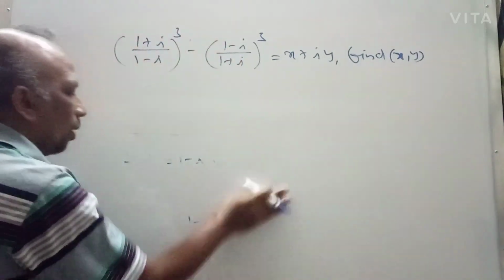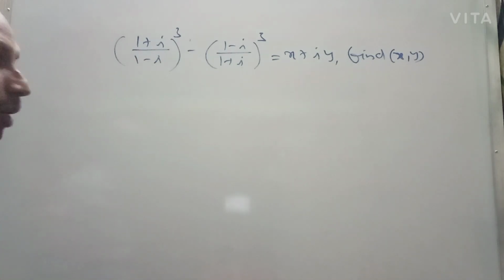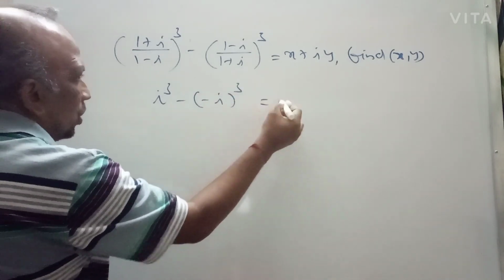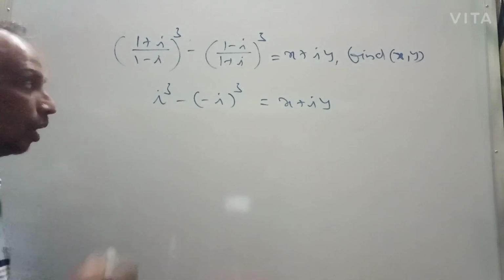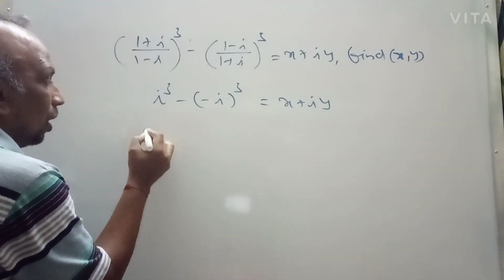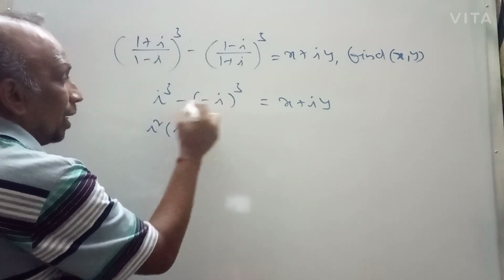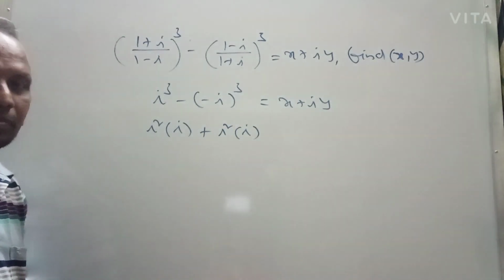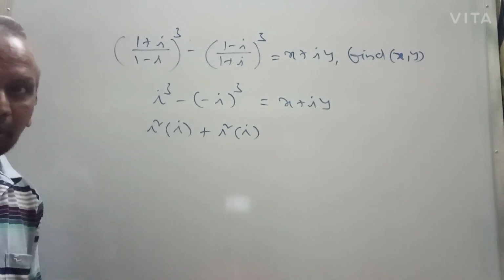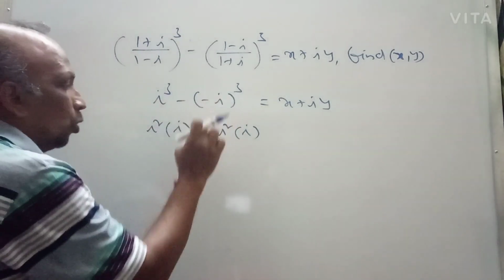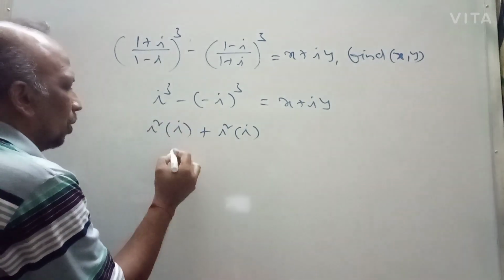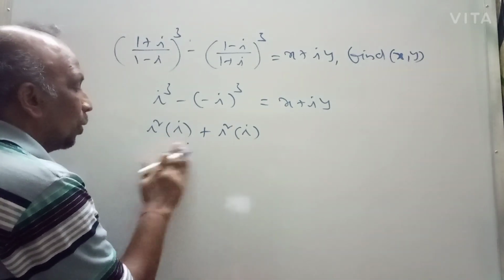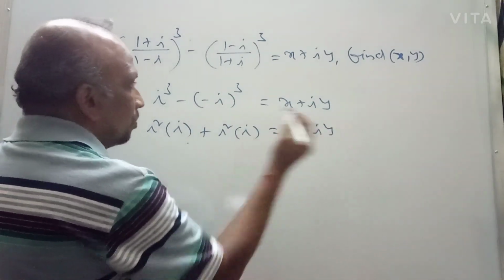If we substitute in the given problem, I can write i cube minus of minus i whole cube, which is equal to x plus iy. Now, i cube is i square into i, so you get minus of minus plus i cube, this also i square into i. So you can write minus of minus i cube plus i cube, which gives 2i cube. i square is minus 1, so minus i, and this is equal to x plus iy.